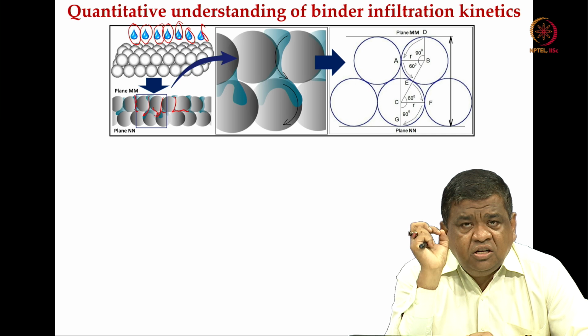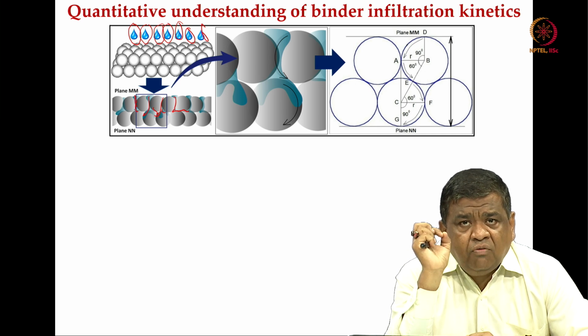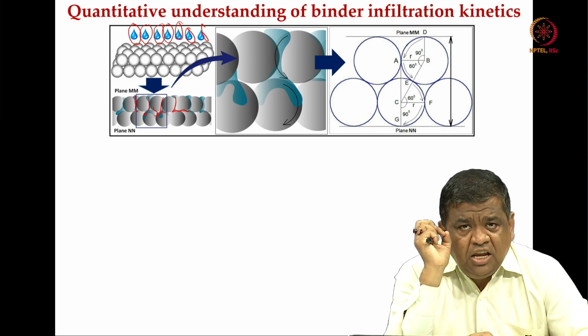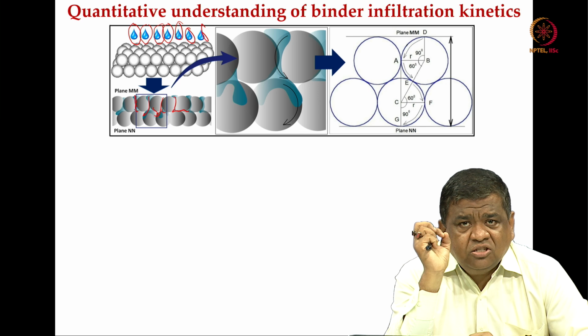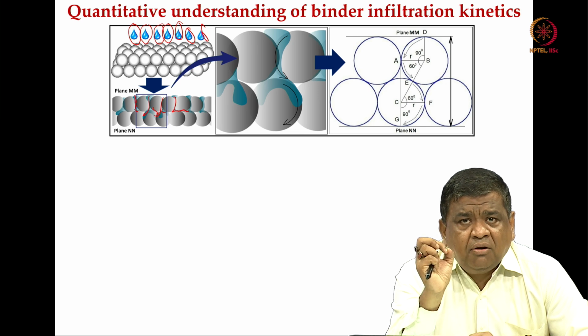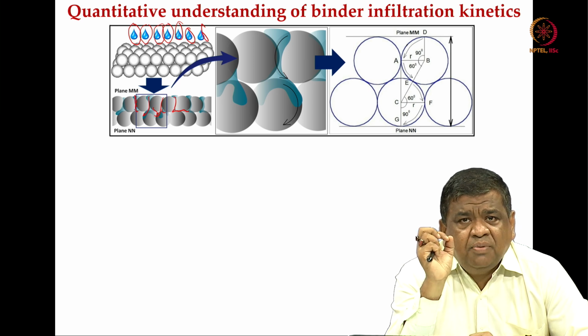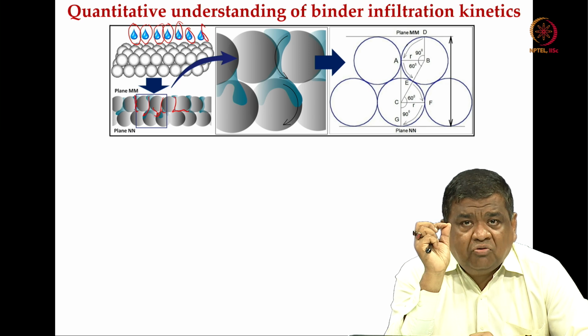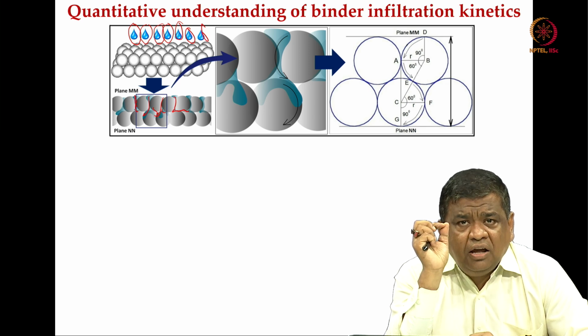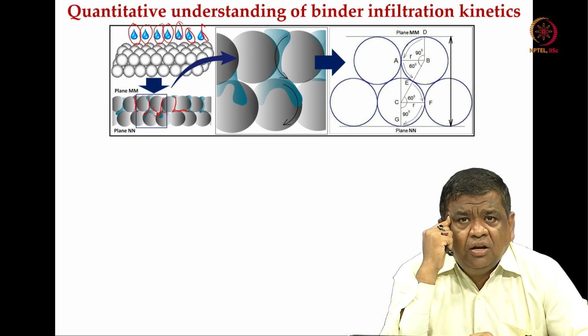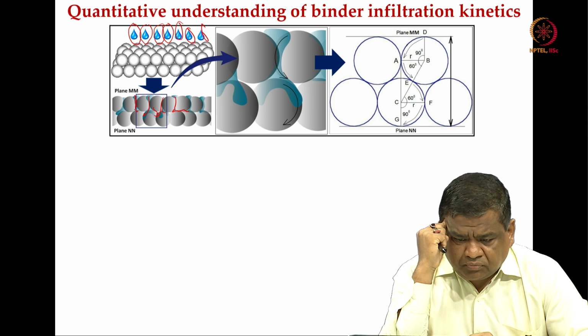We consider titanium 6 aluminum 4 vanadium powders having spherical particles, and if these spherical particles are packed together, there must be some available spaces, and these spaces are the transport path for the binder to infiltrate into the powder bed.